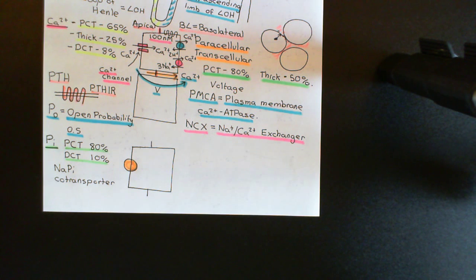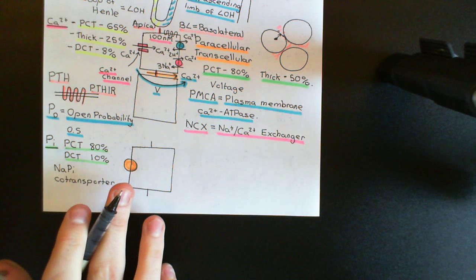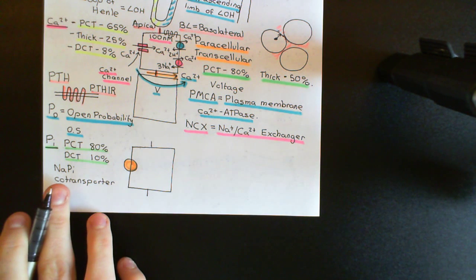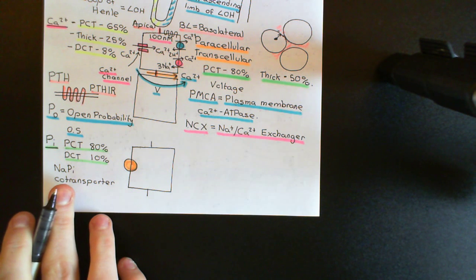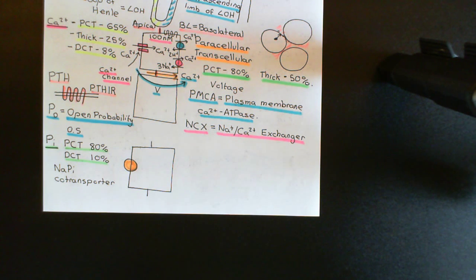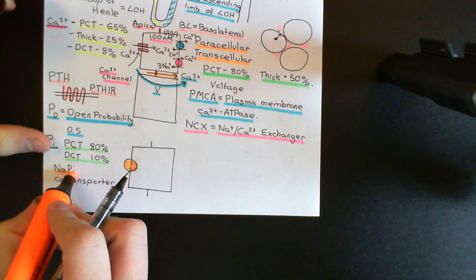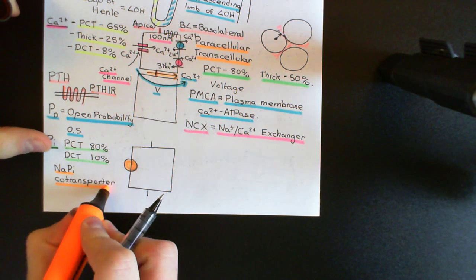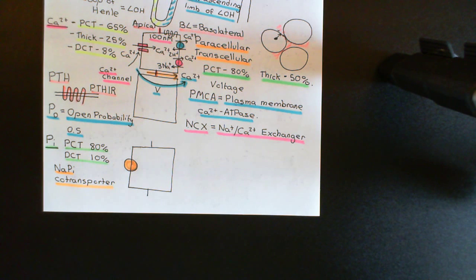Now, this is a very clever transporter because it's capable of transporting phosphate ions that are either in the hydrogen phosphate or the dihydrogen phosphate form. So remember, phosphate ions can have different forms, and depending on which form they're in, that will determine what their charge is. Now, for those different phosphate ions, dihydrogen phosphate and hydrogen phosphate, you're going to have to move differing numbers of sodium ions in.